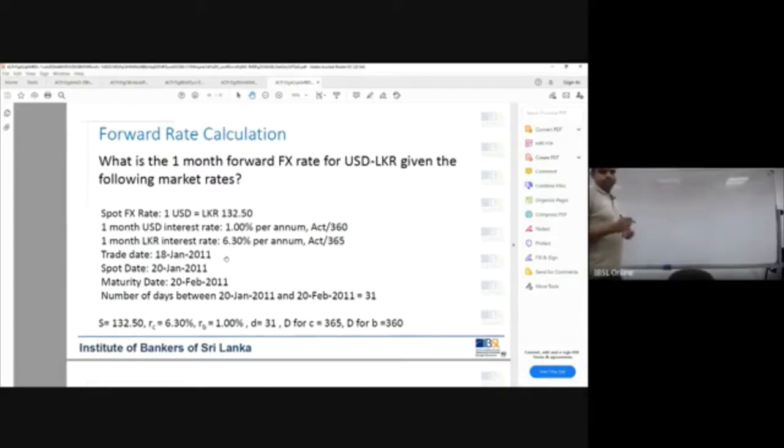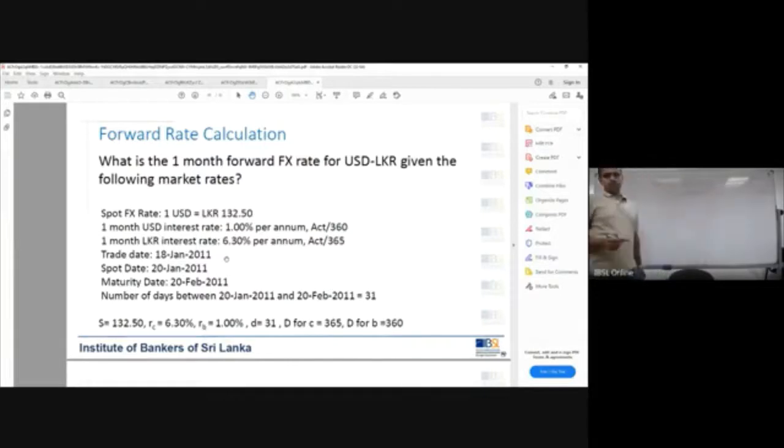Spot rate 132.50. Counter currency is the rupee. Rupee interest rate 6.3% per annum. 1 plus 6.3%.